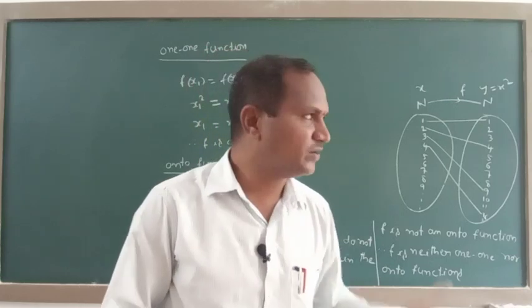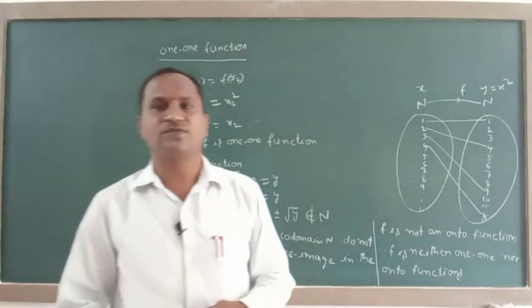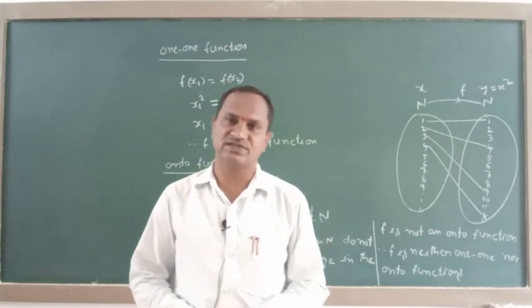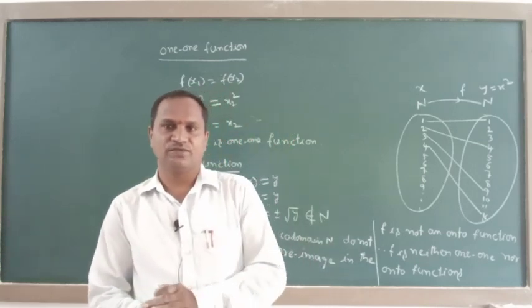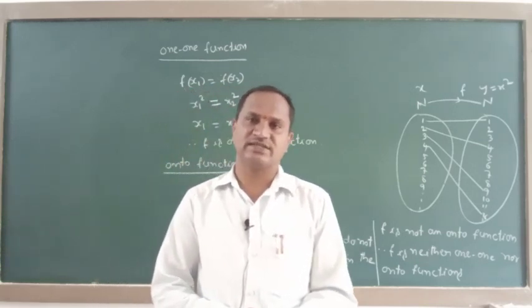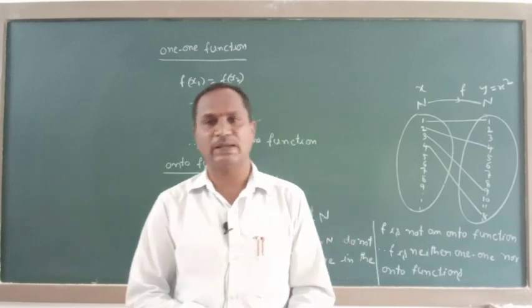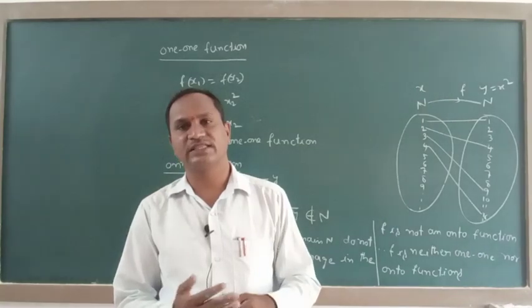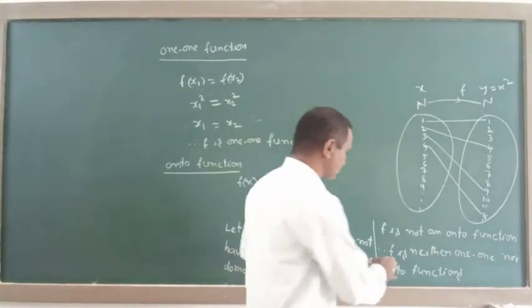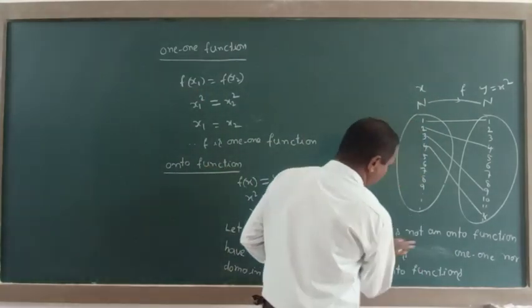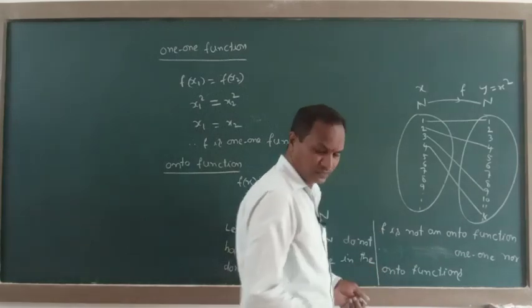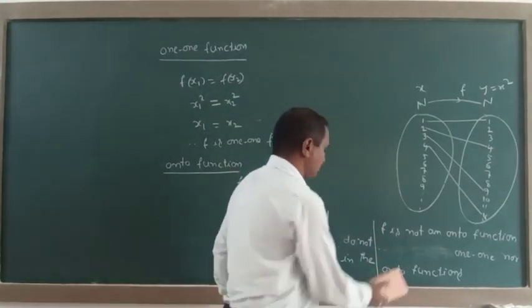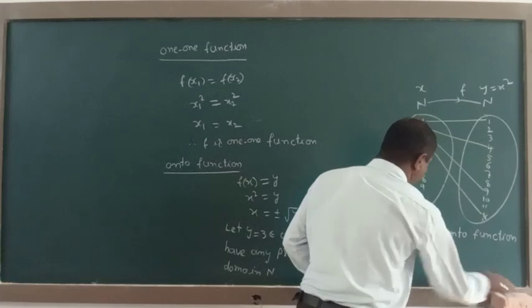Like that today we solved 3 functions on different types of number systems. The first function is f of x is equal to x square defined on f maps from R to R. In that case we got f is neither one-one nor onto. Sorry, it is not neither. f is one-one but not an onto function.